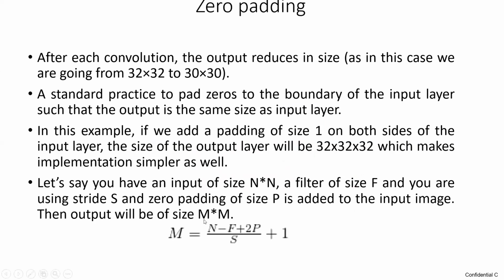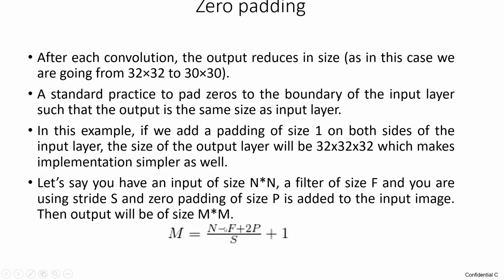So this is the mathematical representation to compute the output when I'm passing some input data through a convolution layer. Let's assume that my input data is 32, either height or width, and my filter size is 3. So 32 minus 3, and whether I'm going to use zero padding or not. Let's assume that I'm not going to use zero padding, so my p value is 0.